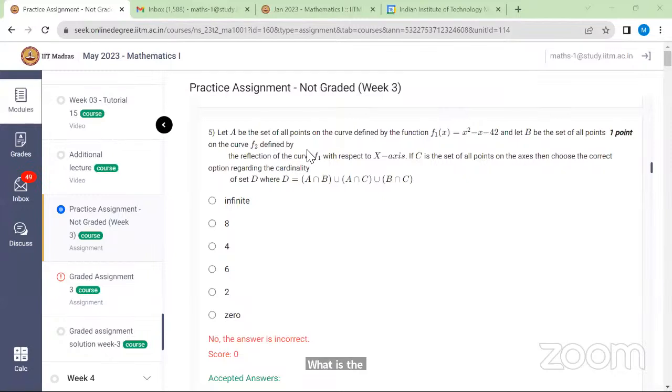It says it's defined by the reflection of the f1 curve with respect to the x-axis. Then if C is the set of all points on the axis, choose the correct option regarding the cardinality of the set D, where D is this one.